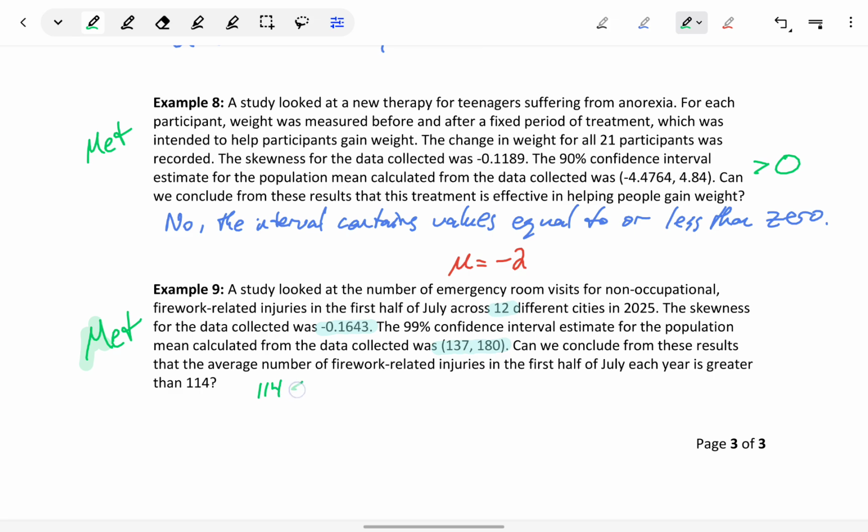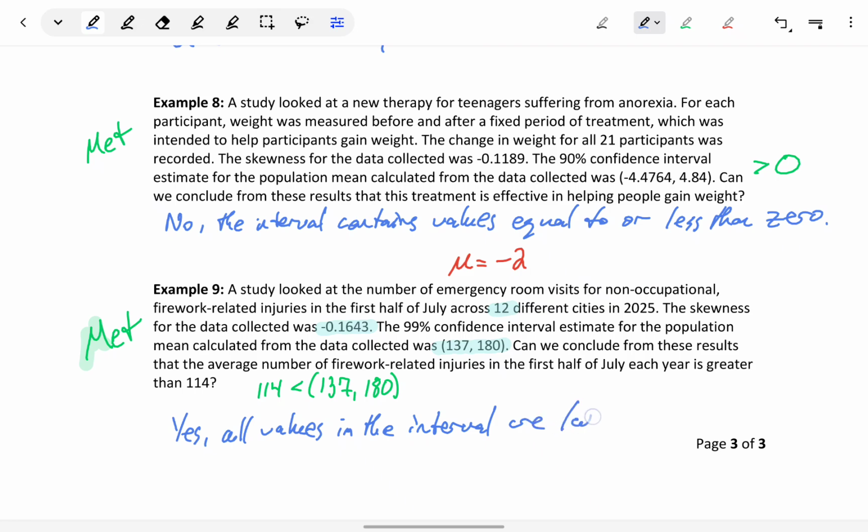If we look at 114 and compare that to the values in our confidence interval estimate, all values in that interval are larger than 114, so we would say yes, we can make this conclusion because all values in the interval are larger than 114.